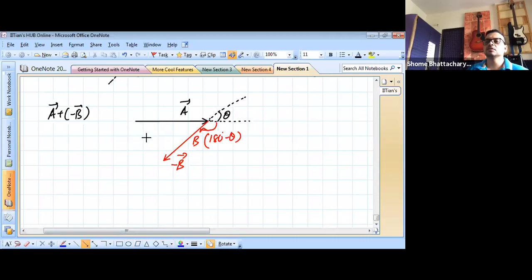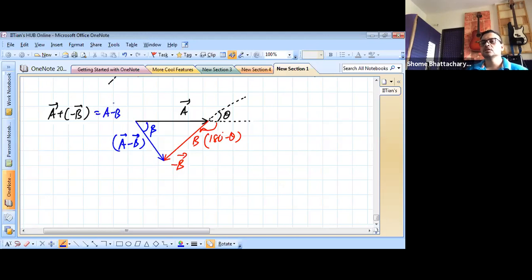So this is becoming this quantity. Okay. This is becoming the vector A minus B. And let's say this angle is beta. Okay. This is what we wanted to find out. So this is what it is.